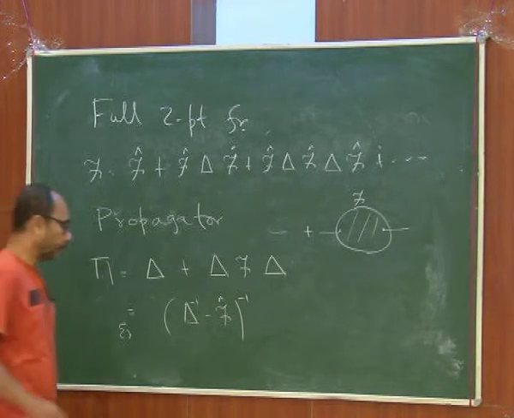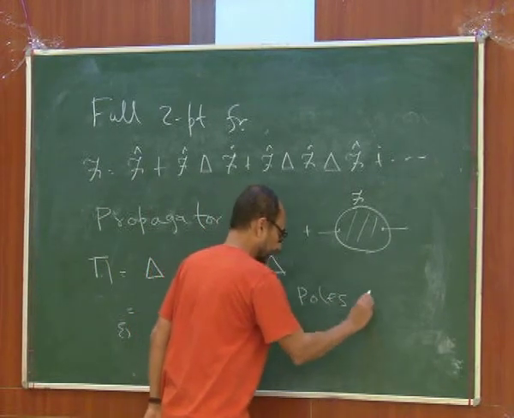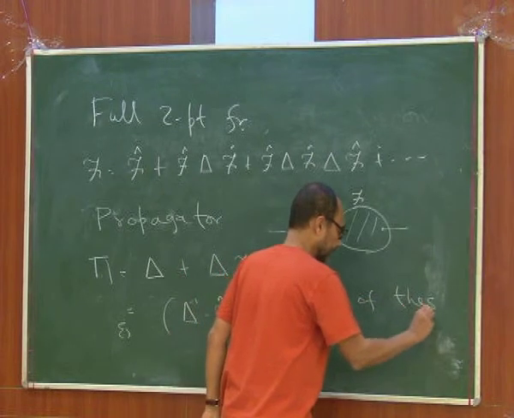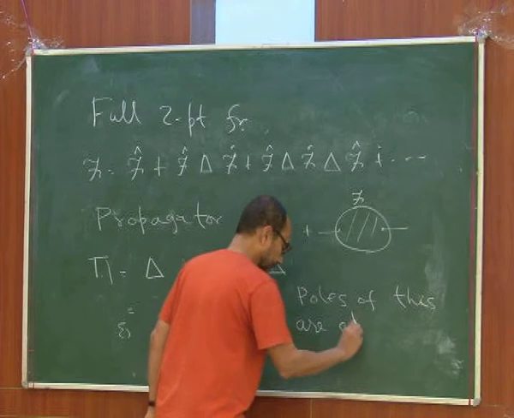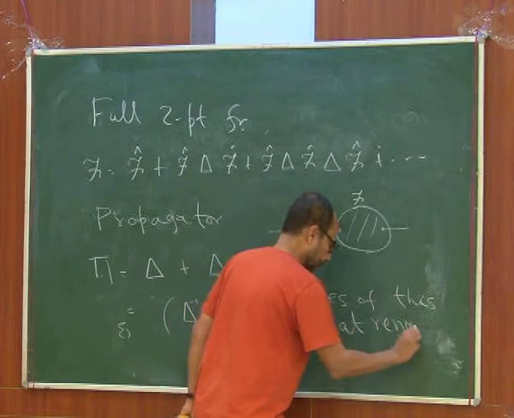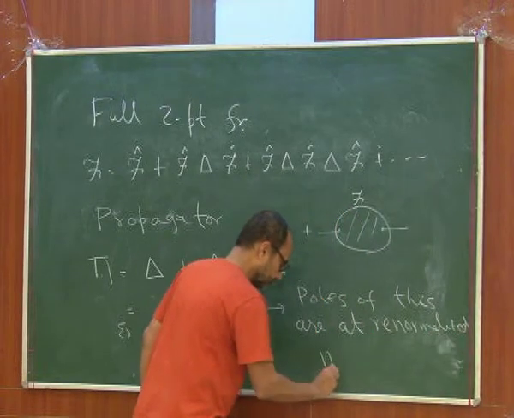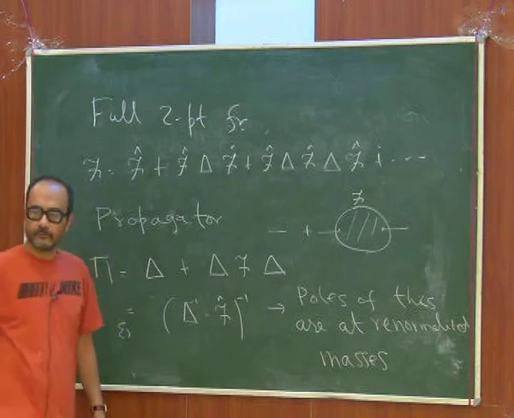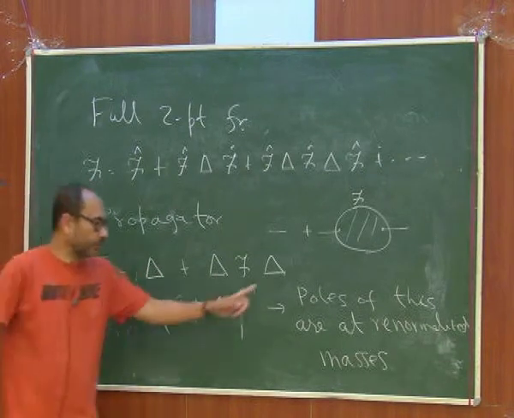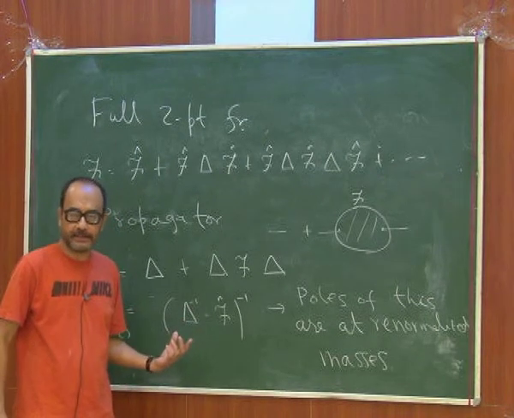Okay. So, the poles of this are the renormalized masses. And these are what we want to show are independent of the choice of local coordinates.